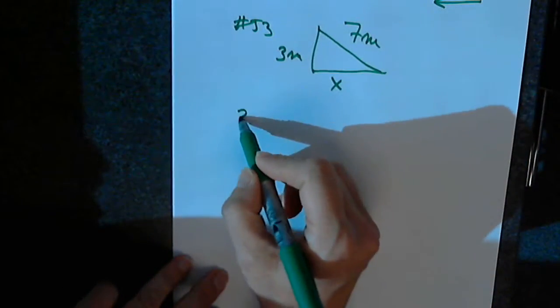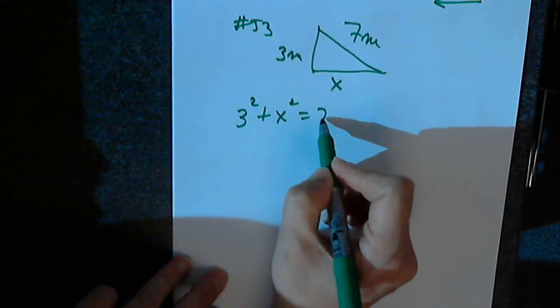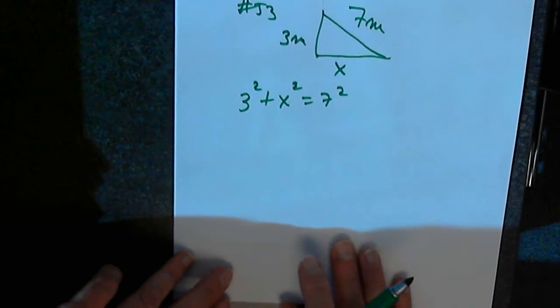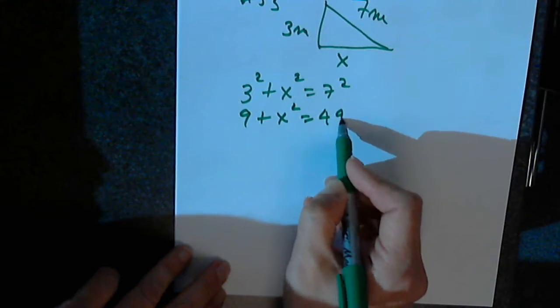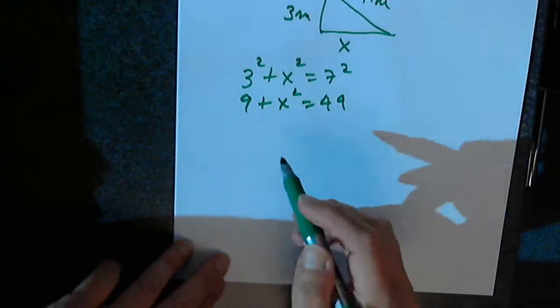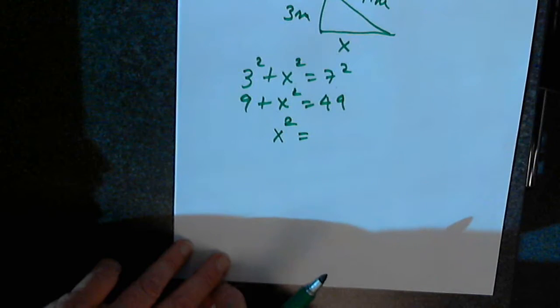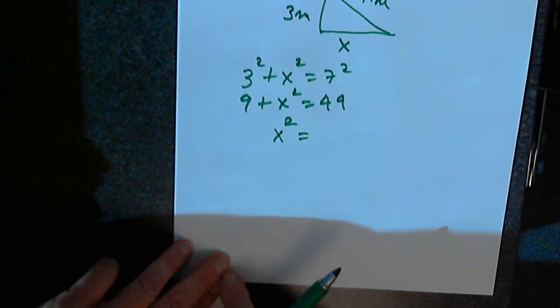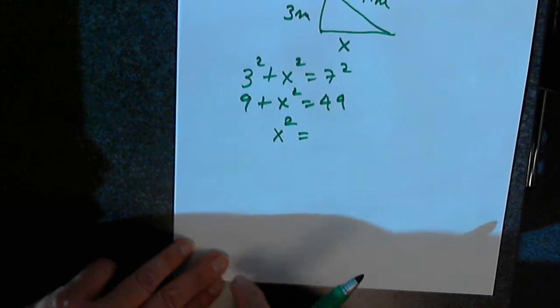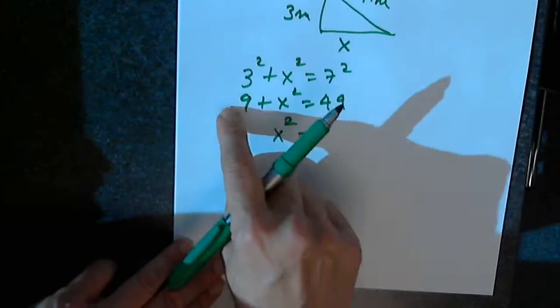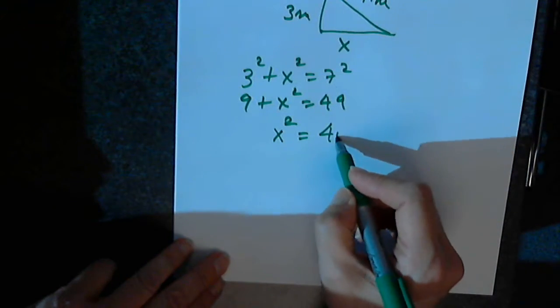It doesn't matter. Very good. 3 squared plus x squared equals 7 squared, which is 9 plus x squared equals 49. I have to solve for x squared first. 49 minus 9, which is 40.